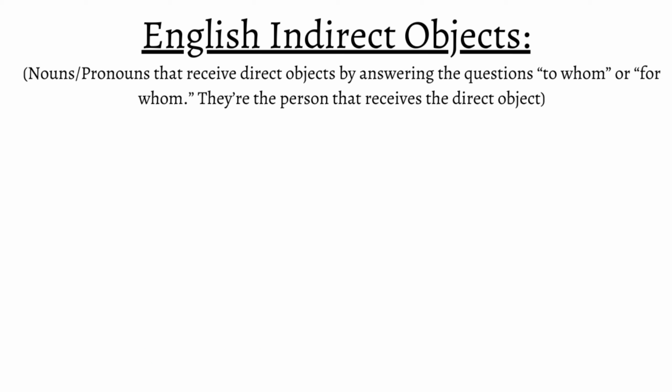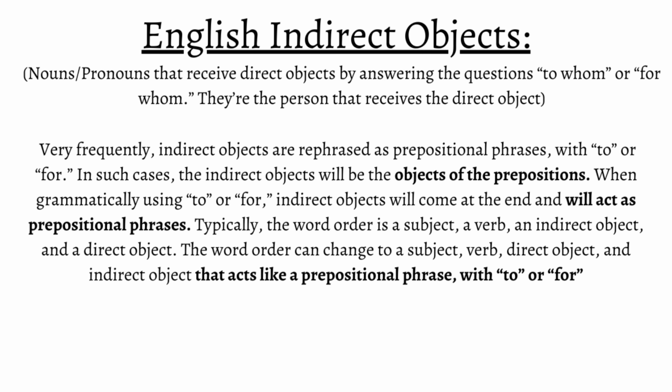Now, I've previously said that the word order of direct and indirect objects might change depending on the expression, and here's what I mean. Very frequently, indirect objects are rephrased as prepositional phrases, typically by using the prepositions to or for. When that happens, the indirect objects will not really be counted as indirect objects as much as the objects of the prepositions.